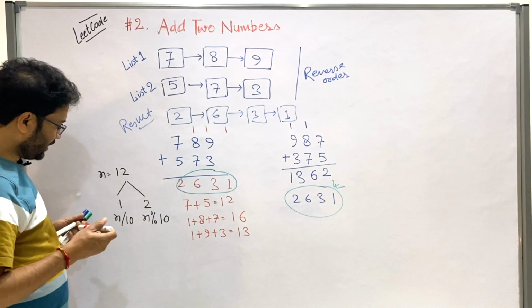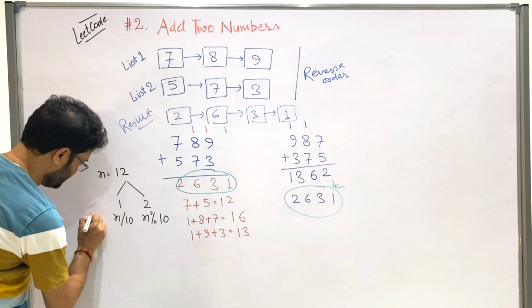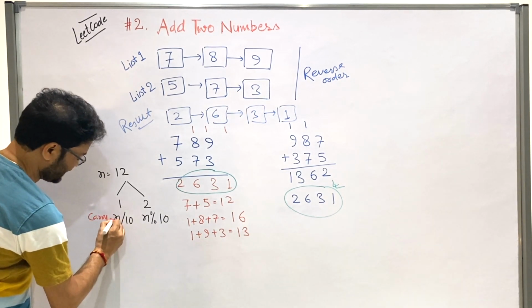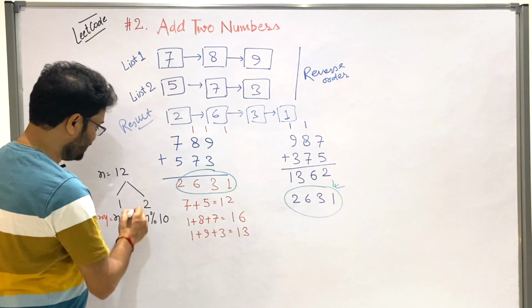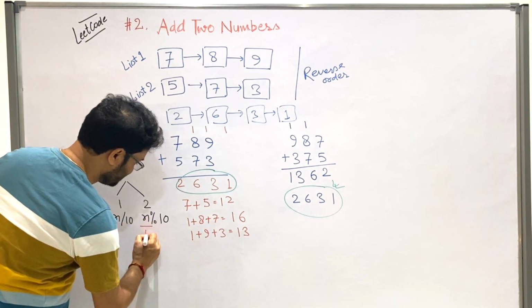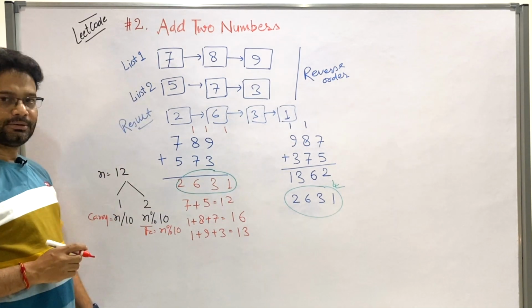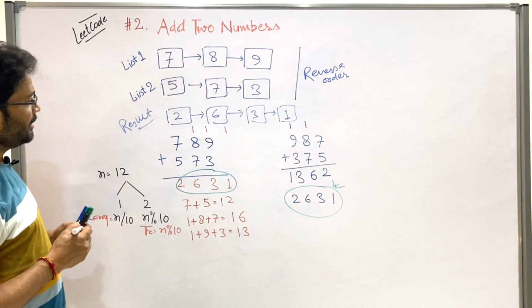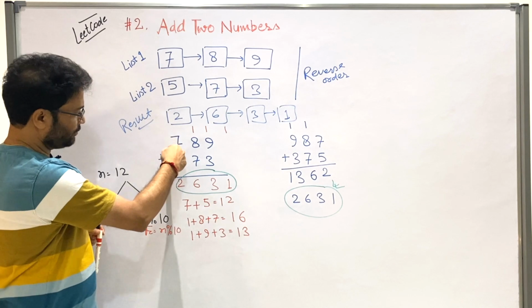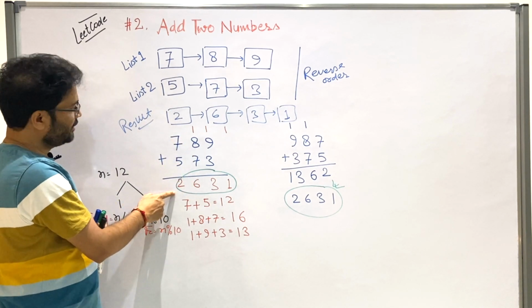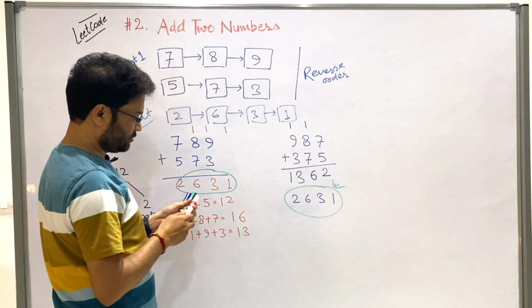So for the carry I will use n divided by 10, and for the actual result we will use n mod 10. This is the super easy thing. The only thing is that the moment you add, you have to create a node also, right?